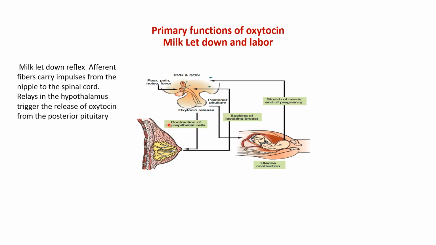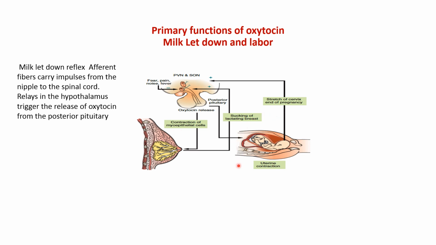Now you can see the main target is the mammary gland here, and what it does during lactation, when you have suckling at the nipple, the signal will be transmitted to the nervous system, to the hypothalamus, stimulate the release of oxytocin, and it goes to the mammary gland and causes contraction of the smooth muscles or contraction of the myoepithelial cells and the squeezing of the milk into the duct system of the breast.